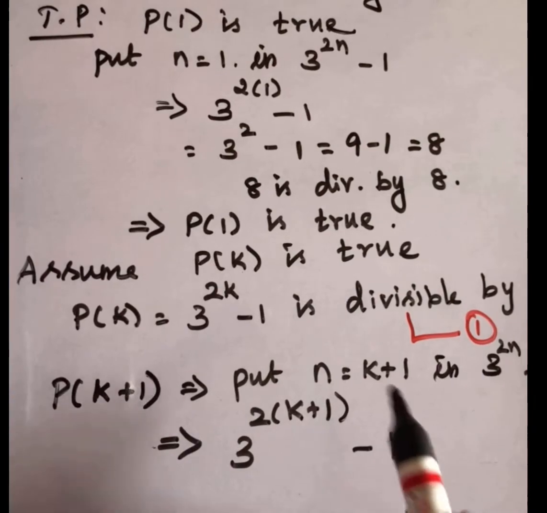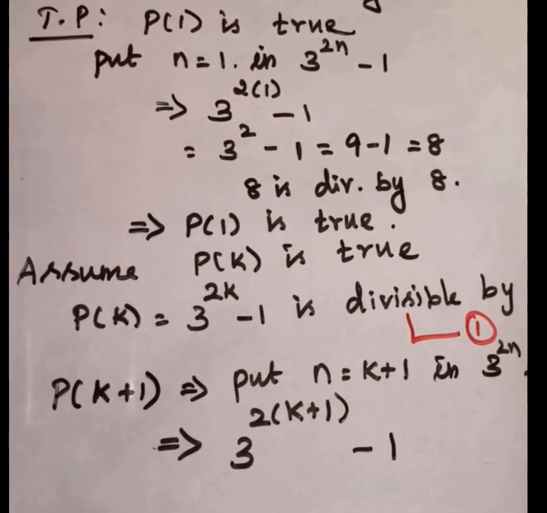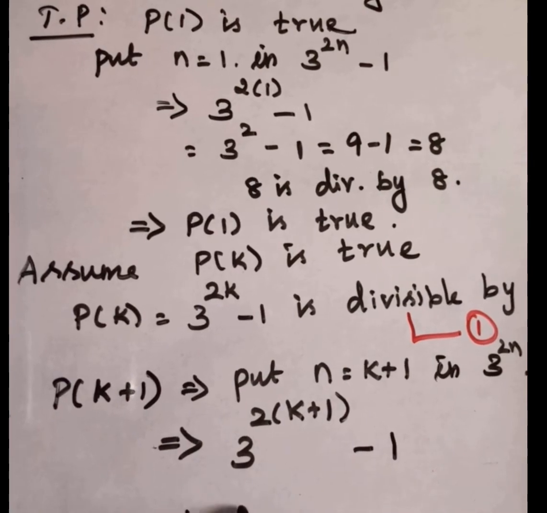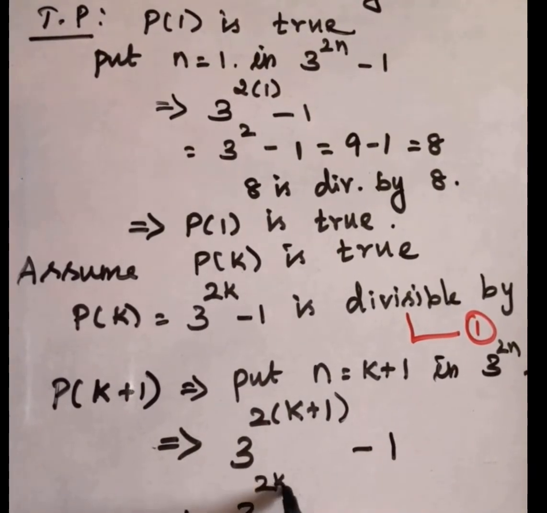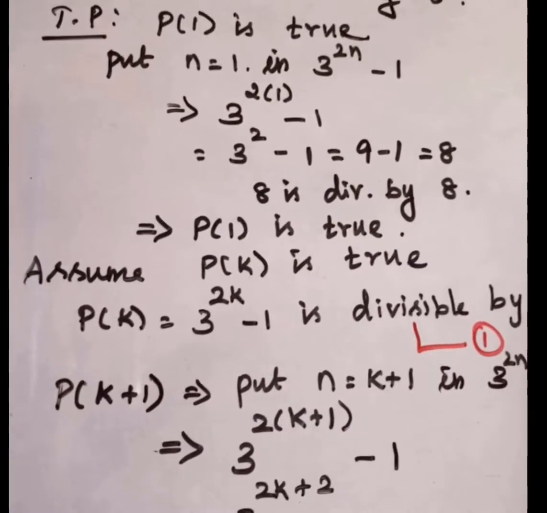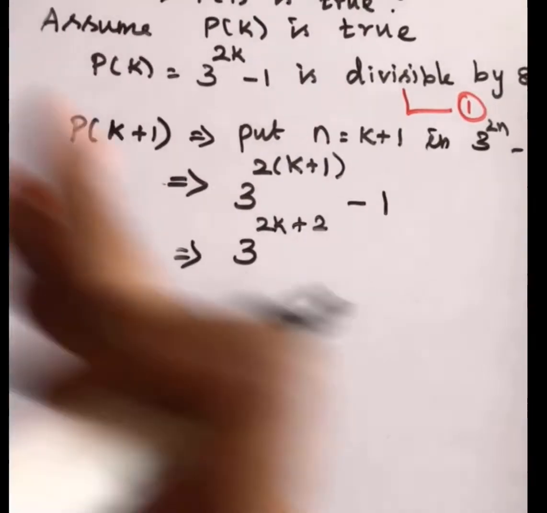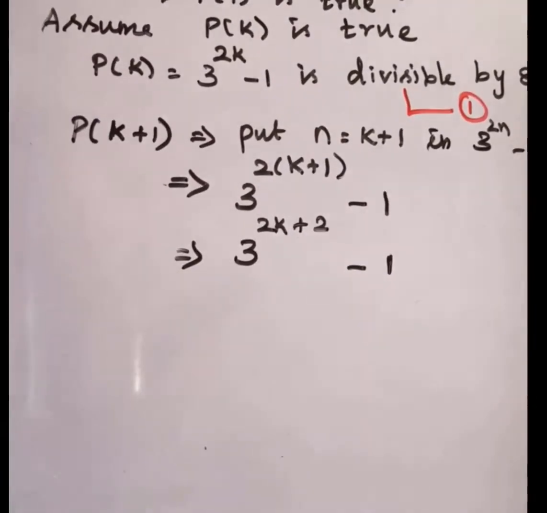Instead of n, I have substituted k plus 1. So, 3 power 2 into k plus 1 implies 3 power 2k plus 2. I have multiplied it inside. So, 3 power 2k plus 2 minus 1.